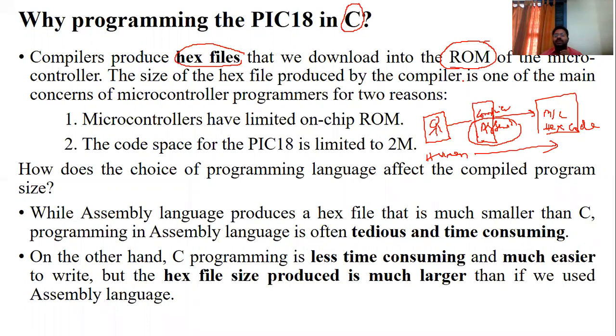The main reason for using assembly level language programming is the size issue, because the program memory of the PIC18 is very small, only 2 MB, a very limited space. When we write the program in assembly language, it takes very little space, generating a smaller hex file when compared to the C compiler.